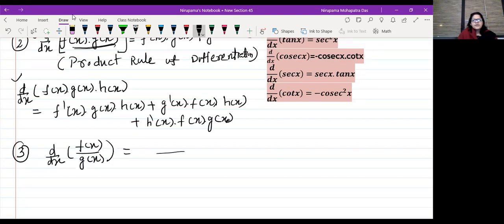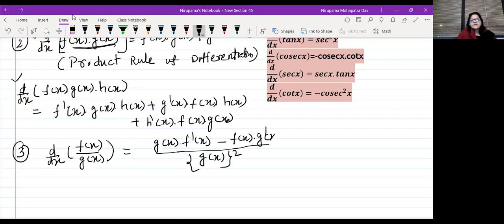In the quotient of two functions, it is the square of g(x), square of the denominator, then g(x) into f'(x) minus f(x) into g'(x). And here the restriction is g(x) should not be equal to 0. So this is called the quotient rule of differentiation.